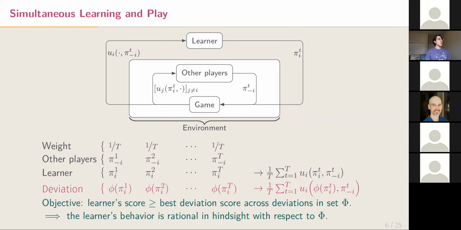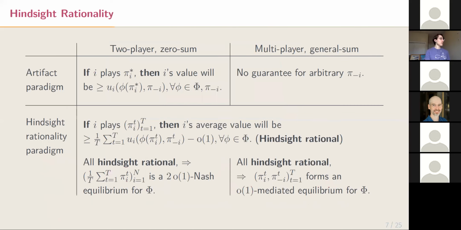All right, so because we've constructed this rationality objective by unrolling this process and looking back, we call this hindsight rationality. We can compare this hindsight rationality paradigm with the statements that we can get from the equilibrium paradigm.